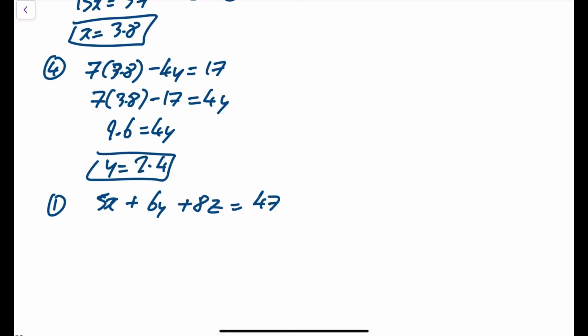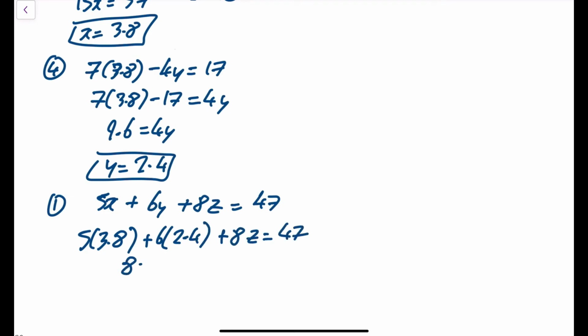So that's going to be 5 times 3.8 plus 6 times 2.4 plus 8z is equal to 47. 8z then is equal to, let me just work that out, 47 minus 5 times 3.8 minus 6 times 2.4, that works out to be 13.6. My z then, divide that by 8, is 1.7.